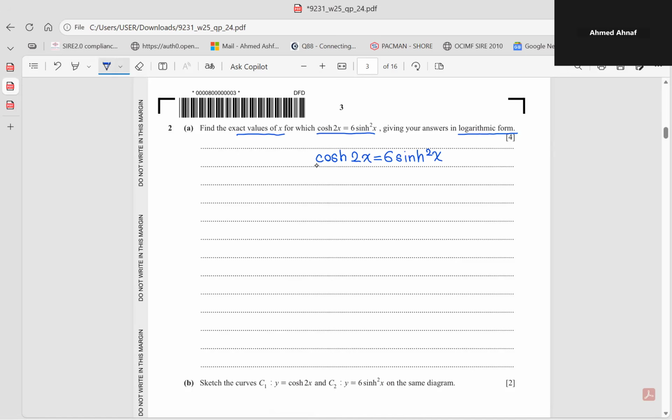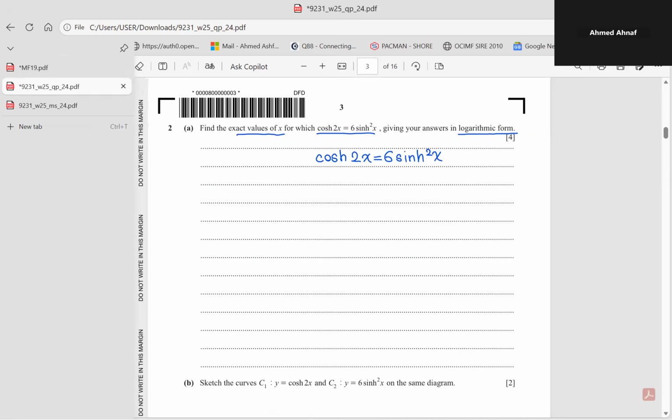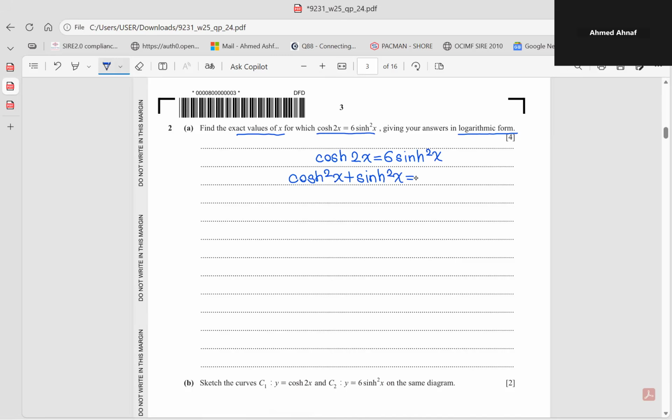Okay. So I guess we can convert the cosh 2x into sinh square x. Cosh 2x equals cosh square x plus sinh square x. So cosh square x plus sinh square x equals 6 sinh square x.